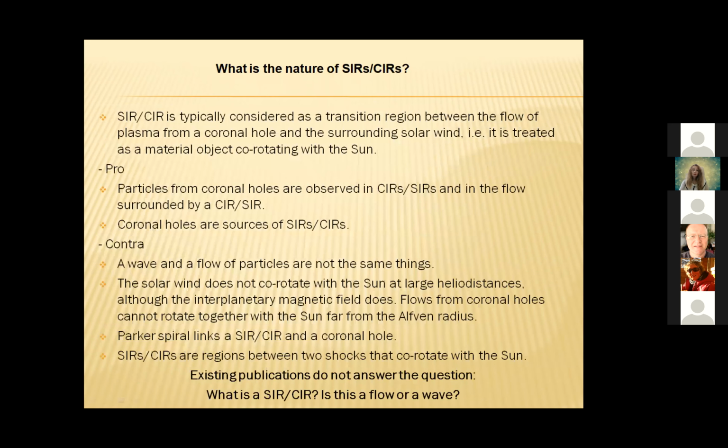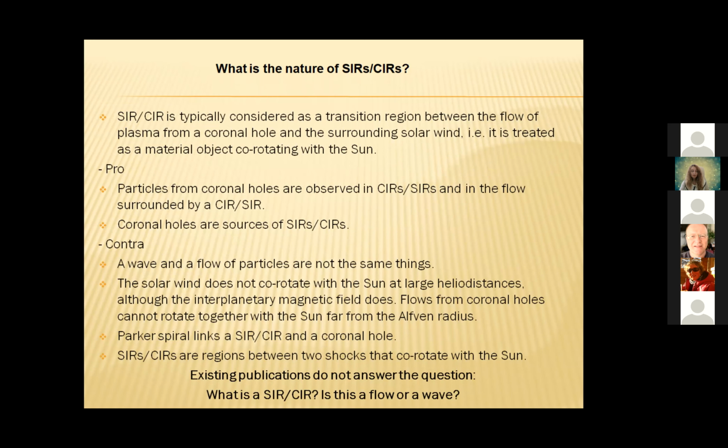At the same time, the answers to the following questions remain unclear. Is a stream interaction region a flow of particles or a wave? A stream interaction region is typically considered a transition region between the flow of plasma from a coronal hole and the surrounding solar wind.